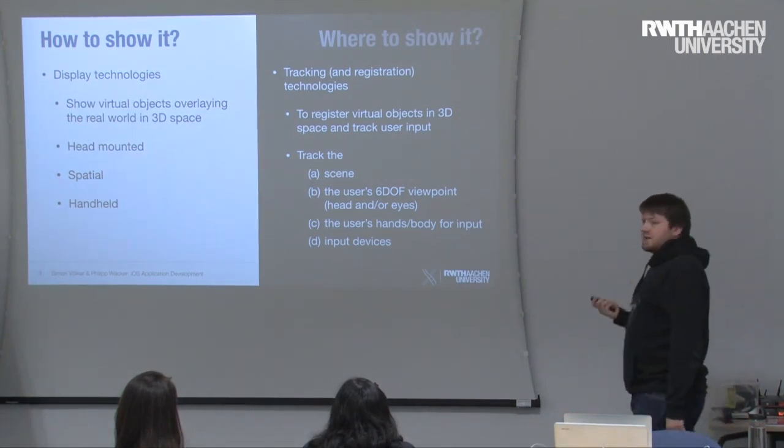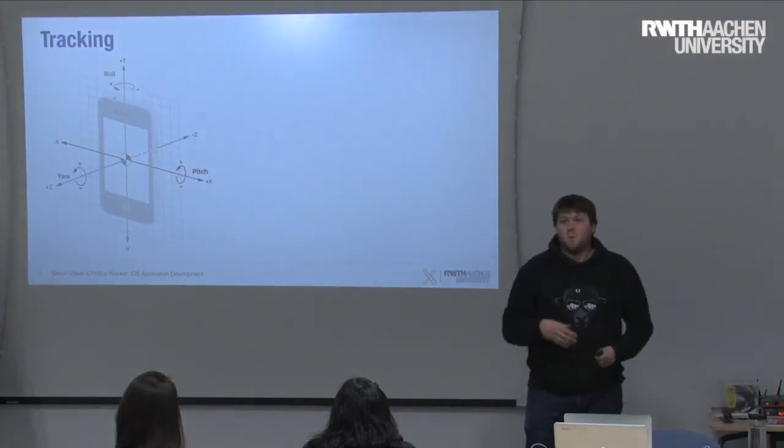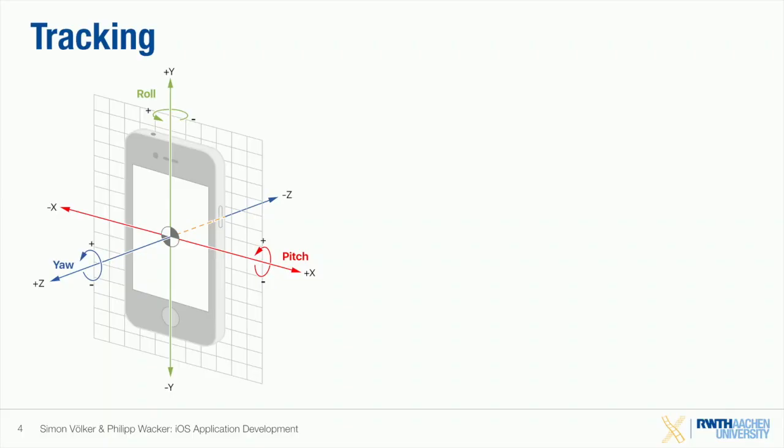So for the tracking, how does the iPhone, in this case, do that? One thing that has been around for a long time is that it uses the inertia sensors and the gyroscope in the device itself to detect changes in movement.